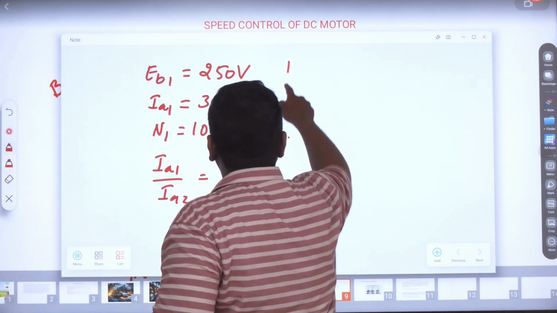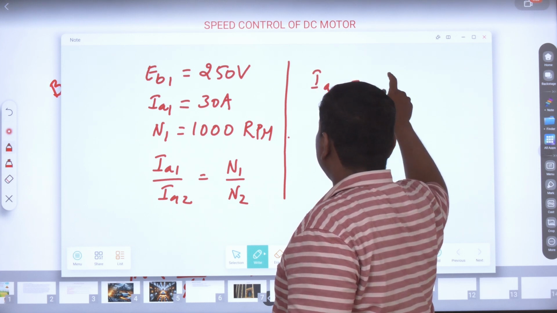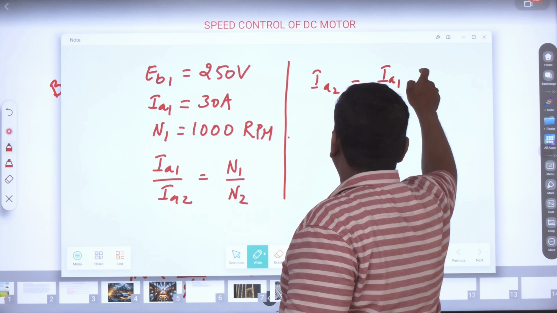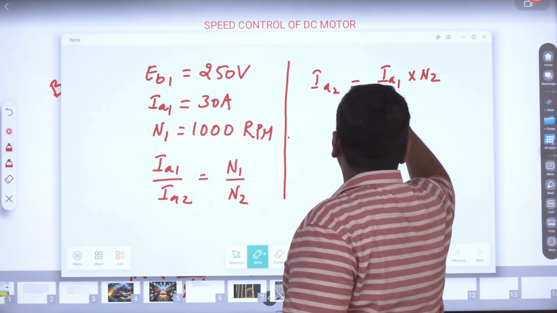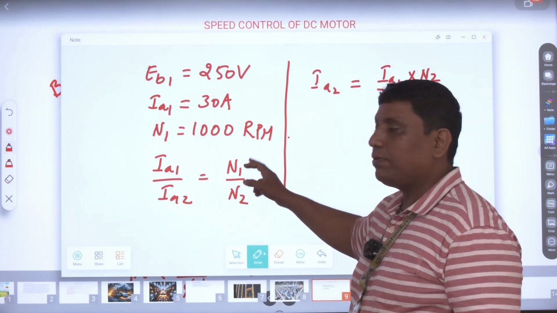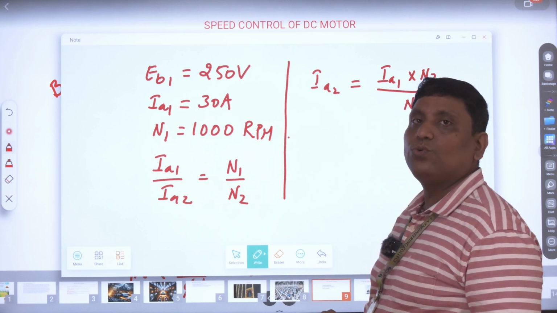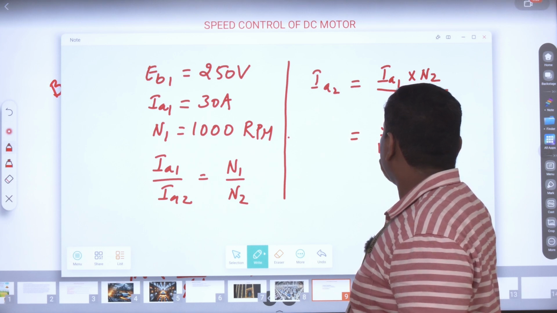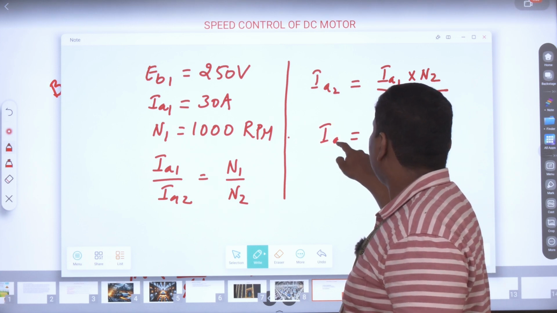Now find IA2. So just cross multiply: IA1 into N2 divided by N1 is equal to IA2. So IA1 is 30 divided by 1000 into N2, that is IA2.